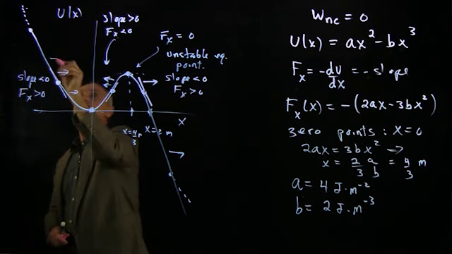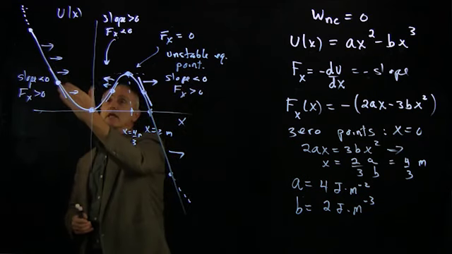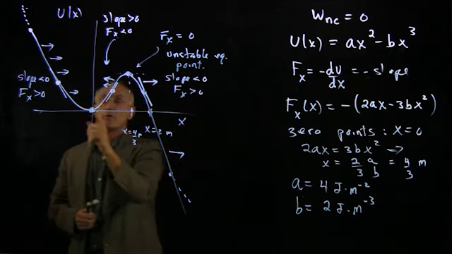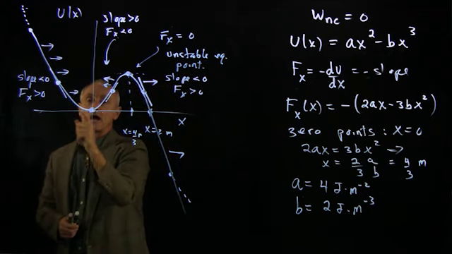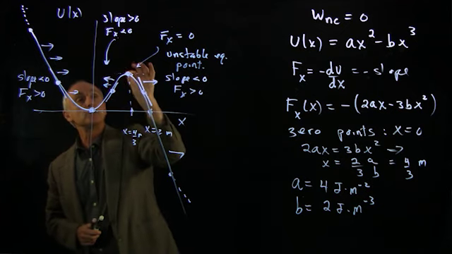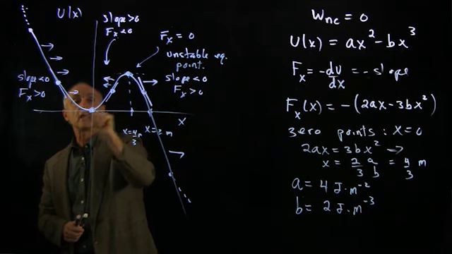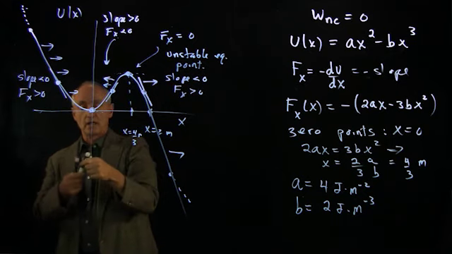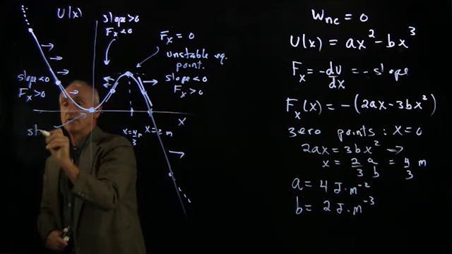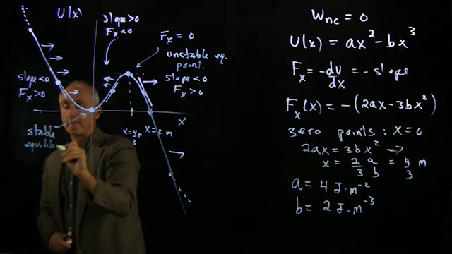So everywhere on this side, the particle is getting a restoring force back to equilibrium. And so if we displace this particle on either side, and it doesn't have enough energy to get over this point, then the particle will stay around this area, and that is why we give this point the name of stable equilibrium point.